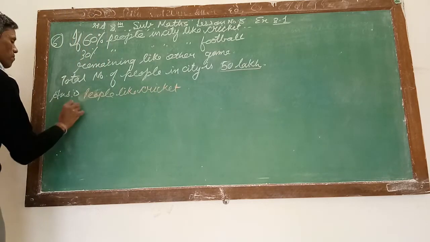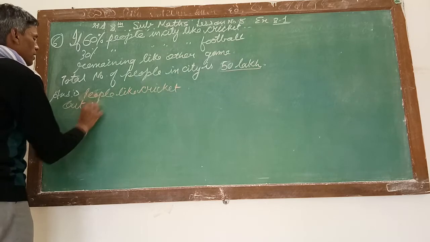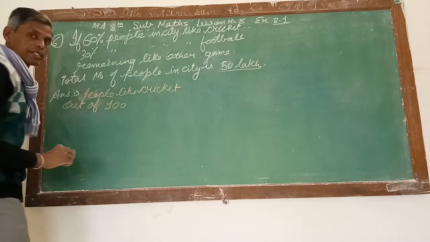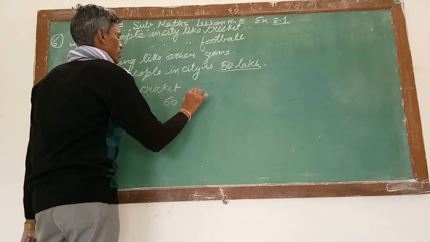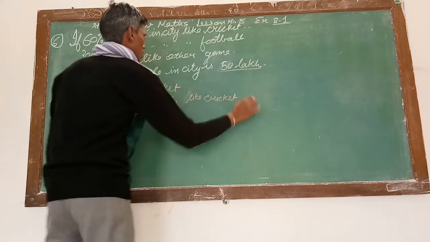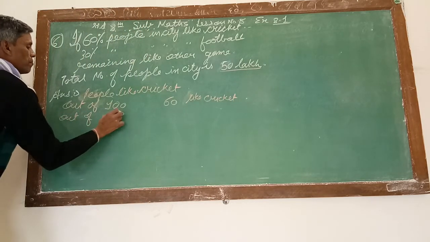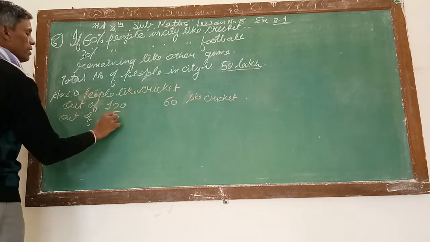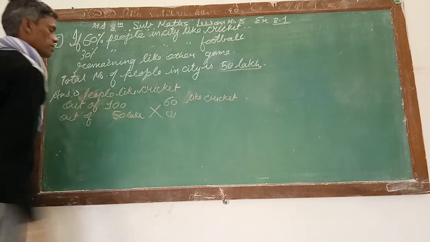Look here. First, people who like cricket. Because percentage is given, we will calculate it out of 100. Out of 100 people, 60 people like cricket. So what is the population of the city? 50 lakh.